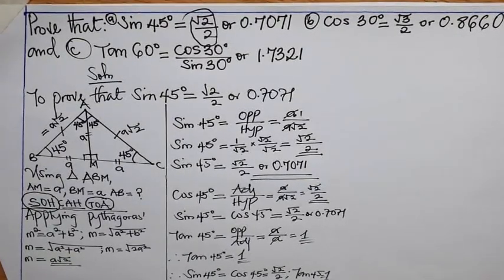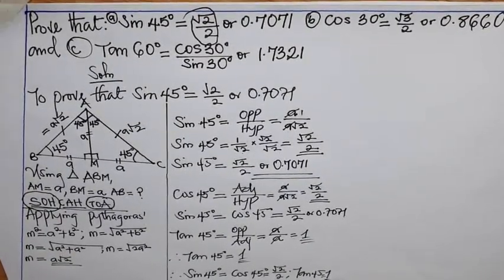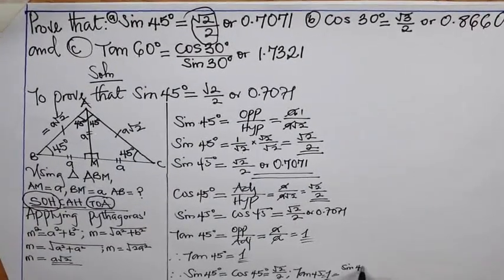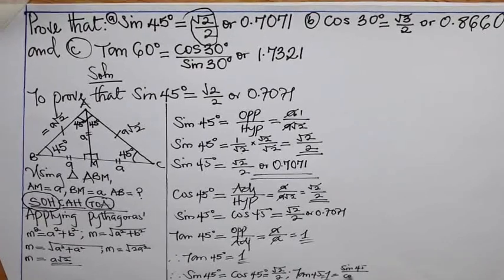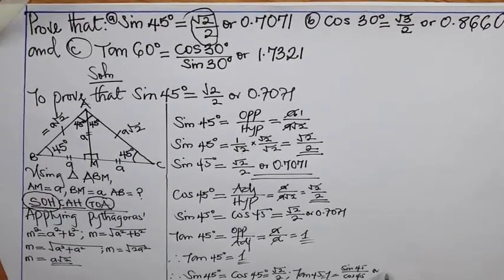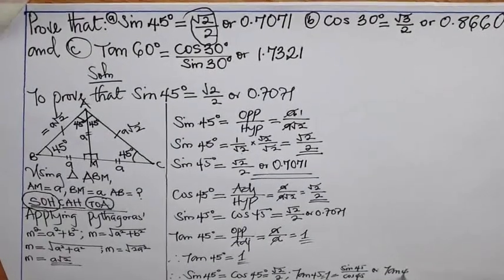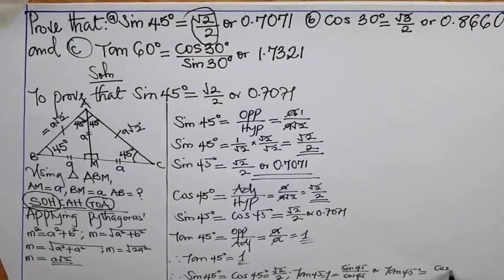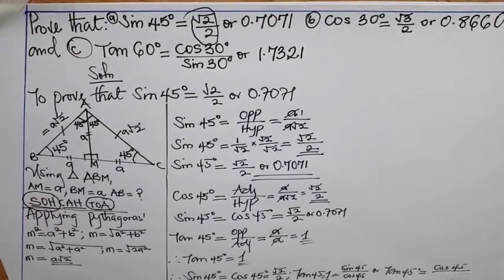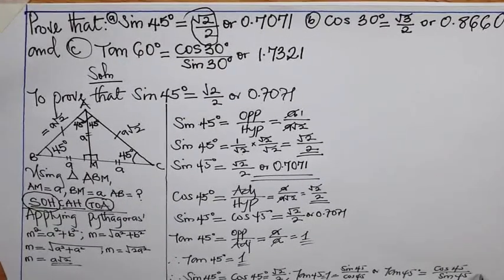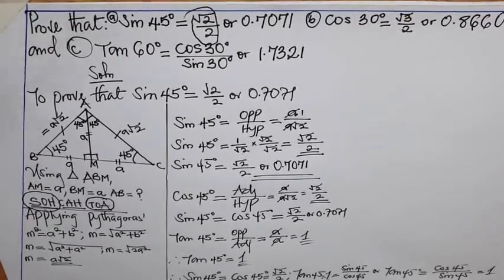And this means that tan 45 is actually the same thing as sine 45 all over cosine 45. Or you can say that tan 45 is the same thing as cosine 45 divided by sine 45. Since both of them are equal to each other, the answer will also end up being 1.